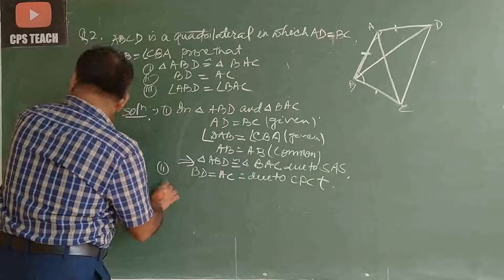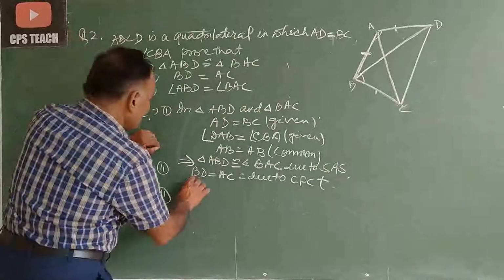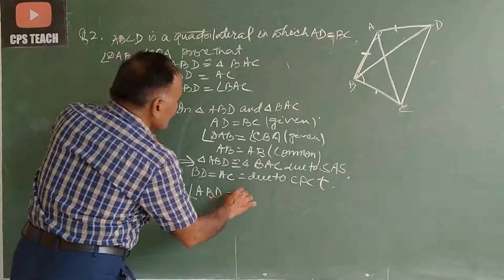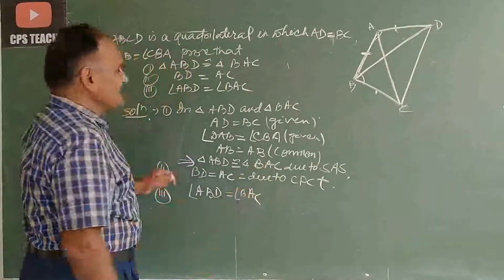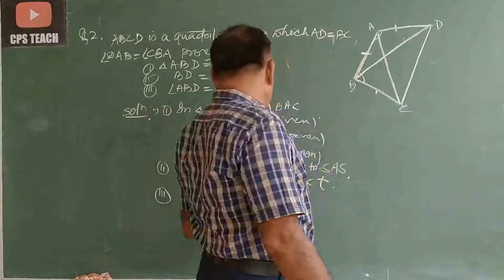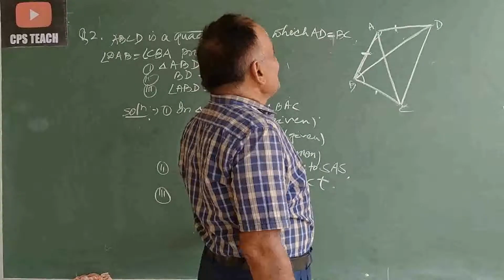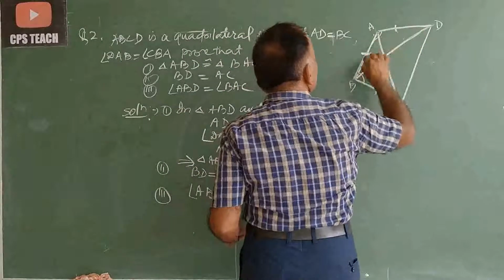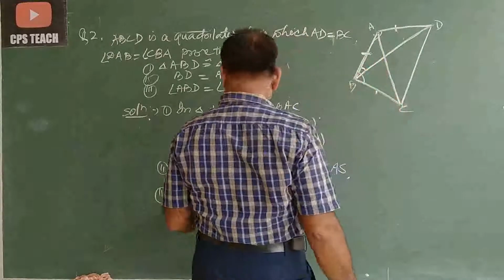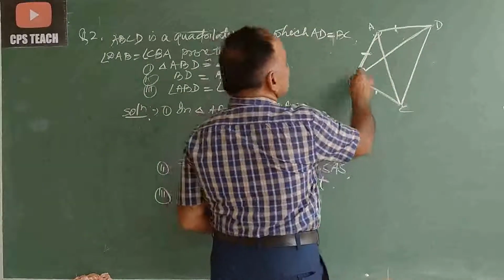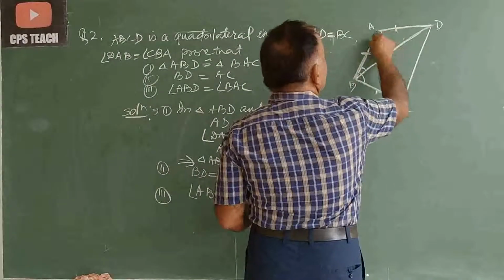And your third question, angle ABD is equal to angle BAC. ABD, this angle, is equal to BAC, this angle.